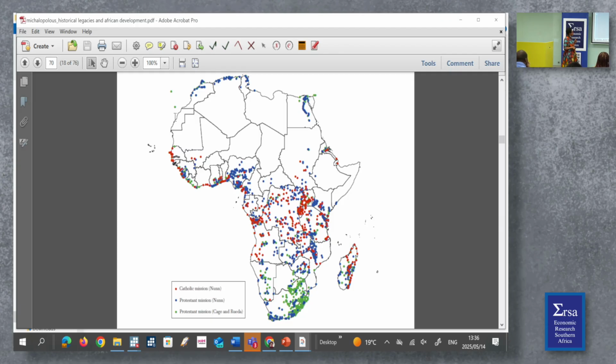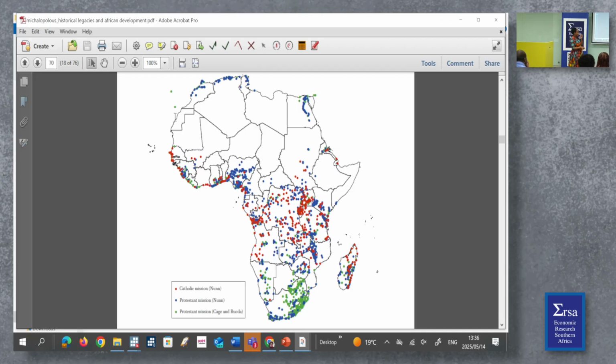Protestant missionaries are blue. And then there were also Cage and Rueda added to Nathan Nunn's Protestant missionary data. So there is data as well, and these are the green.